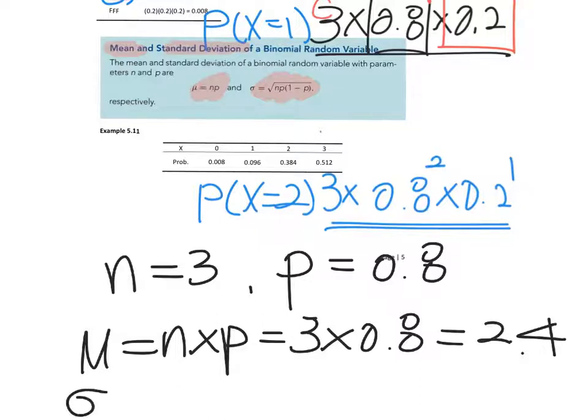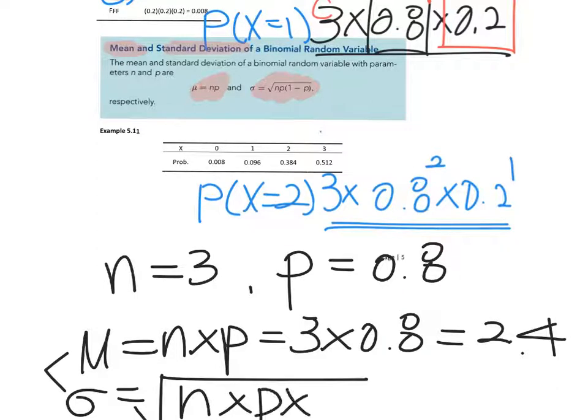The standard deviation will be the square root of n times p times 1 minus p, right? So we have to take 3 times 0.8 times 0.2. I can take 0.2 from 1 minus 0.8. Please take the standard deviation, please. Square root of 3 times 0.8 times 0.2. I told you 0.2 was from 1 minus 0.8, 1 minus the probability p. Then how much will the standard deviation be?